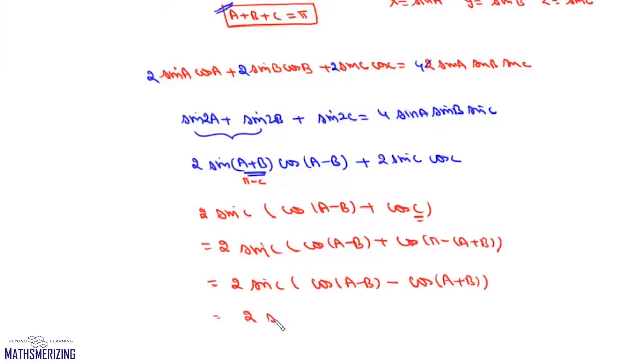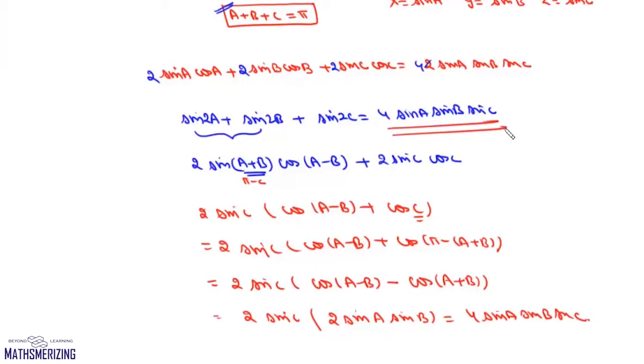Now we'll use the formula for cos c minus cos d. We'll get 2 sine of c plus d by 2, and then sine of d minus c by 2, which is 4 sine a sine b and sine c, which is the result that we need to prove.